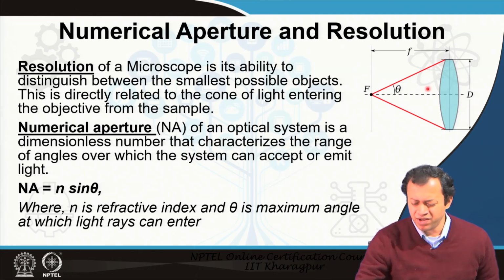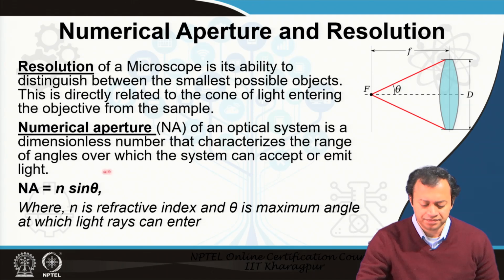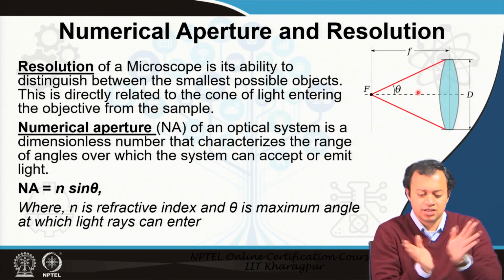So, numerical aperture is, I do not think opening is the right word, but you can understand it from that. It is the maximum half angle cone of light that it can accept or at certain times emit, and this is given by n sin theta, where n is the refractive index, most of the time air, so 1, and theta is the half angle. So light goes like this.